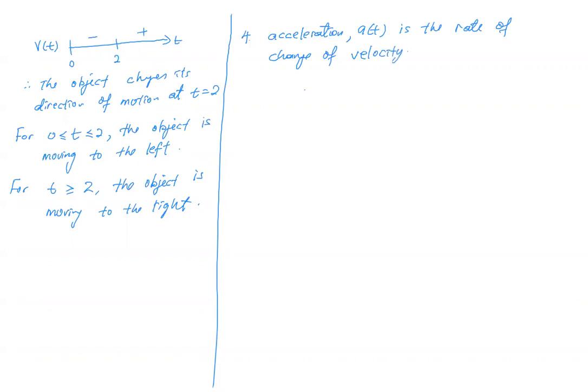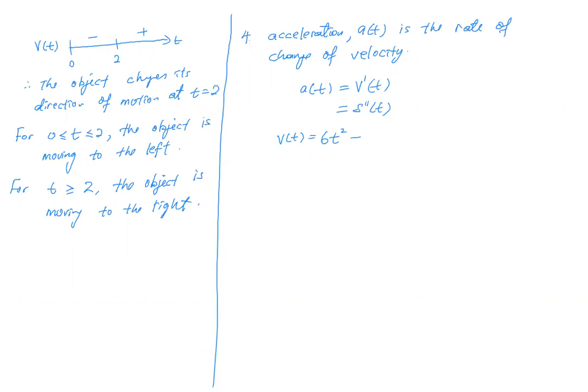So it means that acceleration is v prime t, or it is s double prime t. In this sense, you are talking about inflection points and so on. So for our case here, our v(t) is 6t squared minus plus.